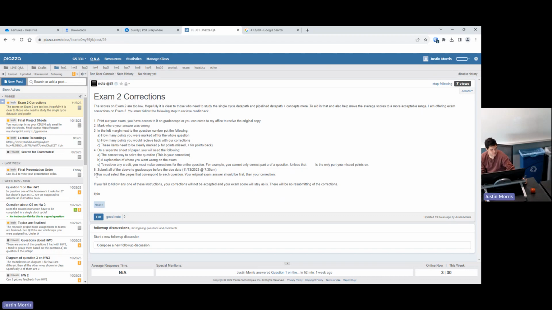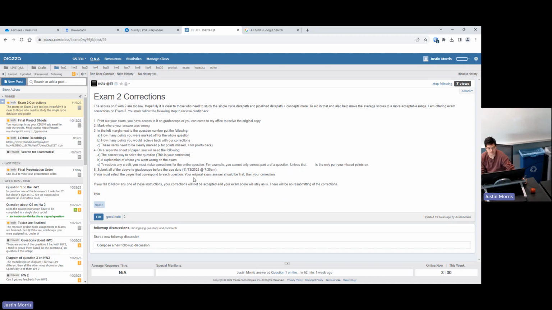When you submit to Gradescope, you must select the pages that correspond to each question. Your original exam answer should be first, and then your correction when you're selecting the pages. If you don't follow any one of these instructions, you will just not receive any credit.